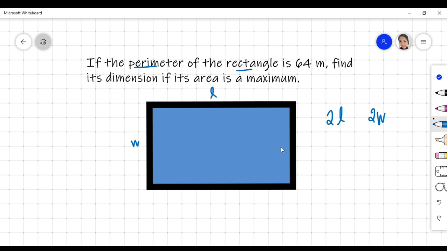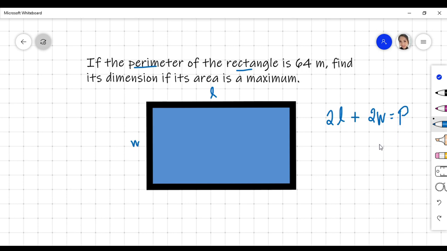So, since yung sum ng ating sides is the perimeter, yung formula ng perimeter is 2L plus 2W. So, that is our perimeter formula.